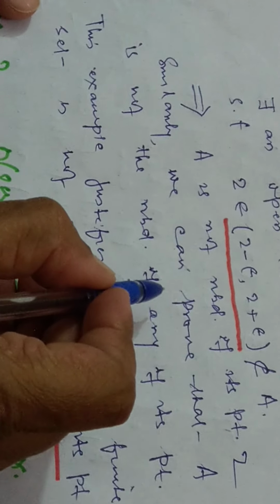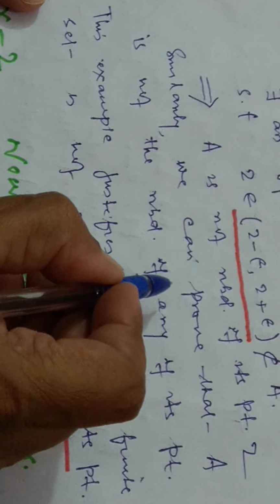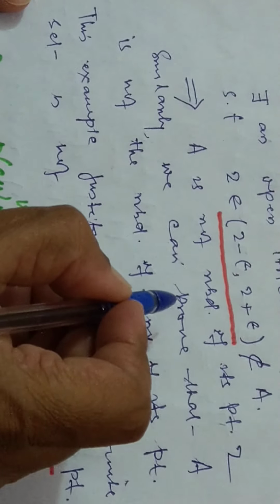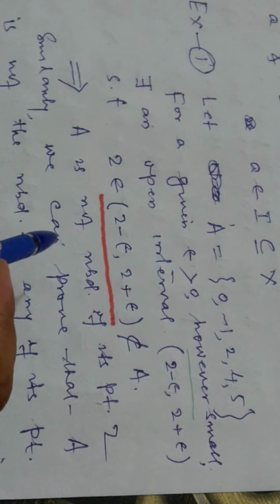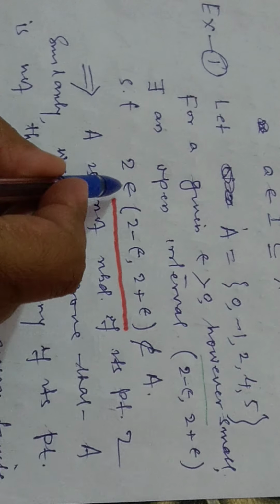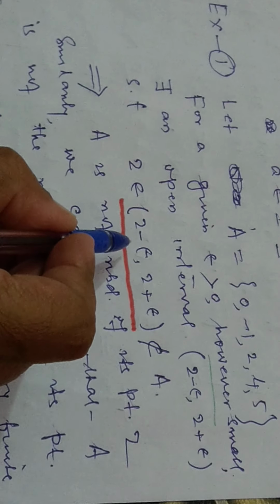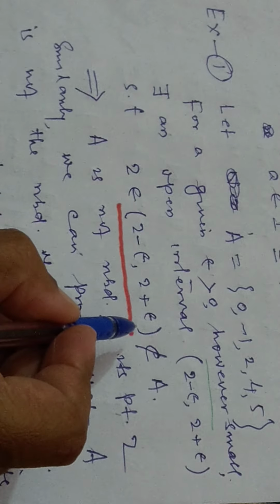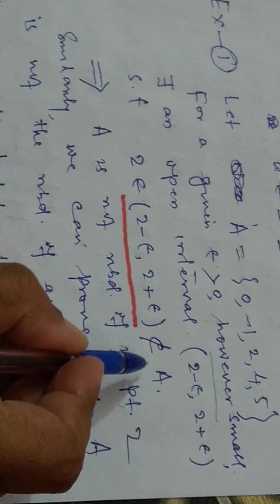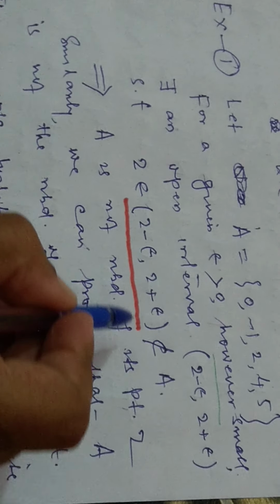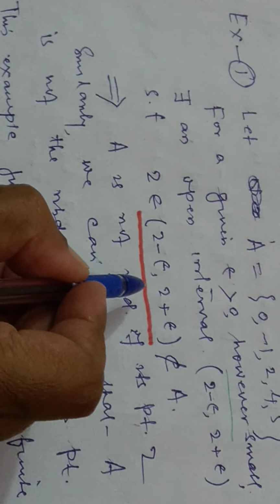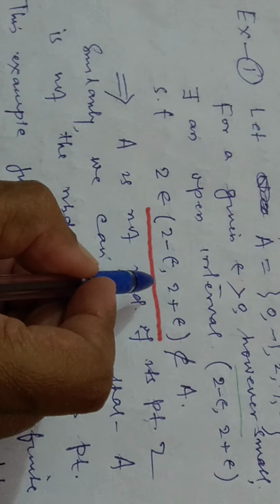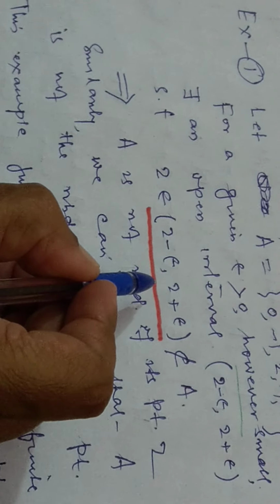This question can also be solved by taking any arbitrary point x of the set A, and you can show that x belongs to (x minus epsilon, x plus epsilon), which is not a subset of A, because between any two real numbers there are infinitely many real numbers.